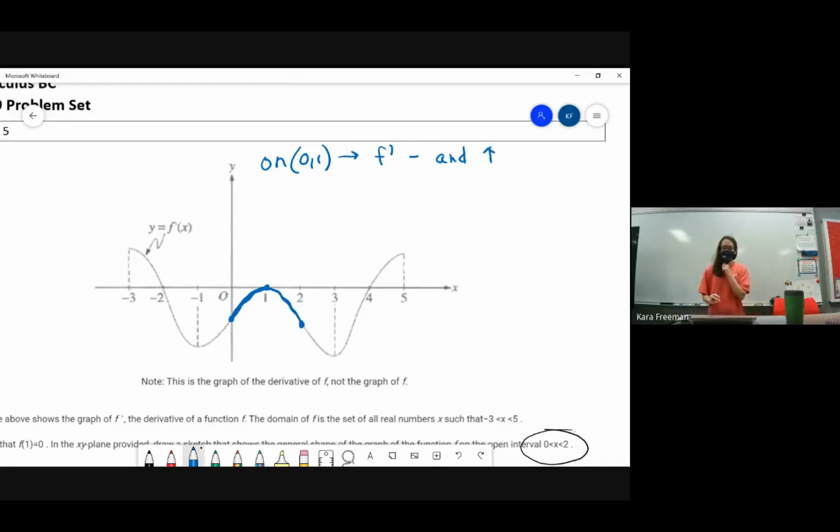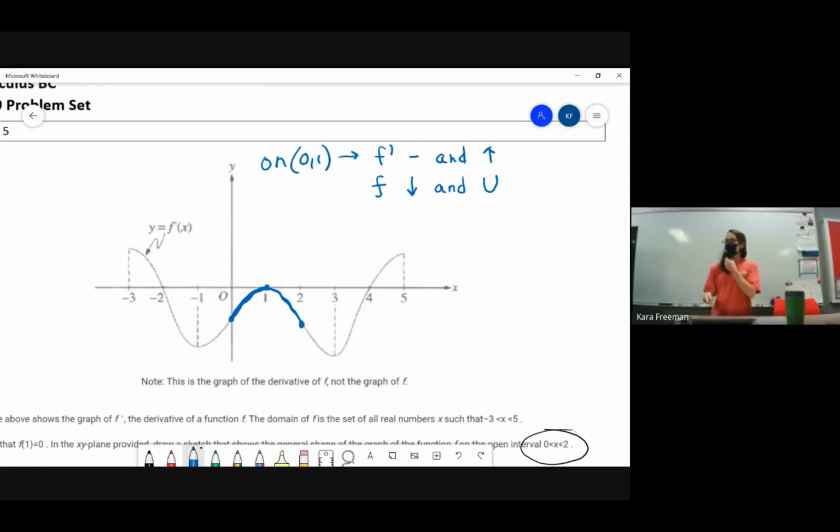So if f prime is negative and increasing, what does that mean f is doing? Look back at your function analysis chart. What does f prime negative mean? It means f is decreasing. And what does f prime increasing mean? F is concave up. Do y'all see that?